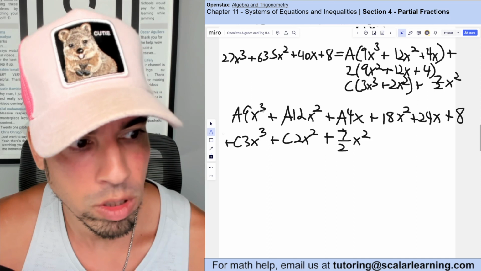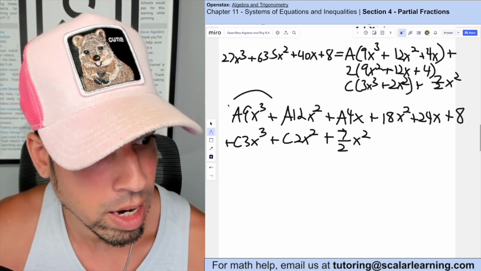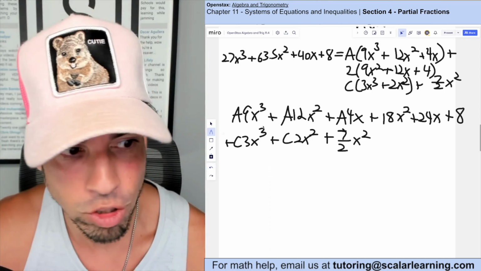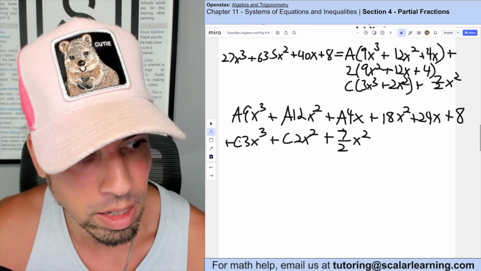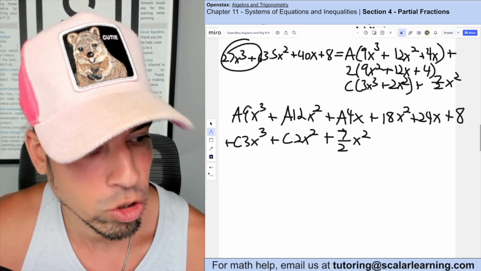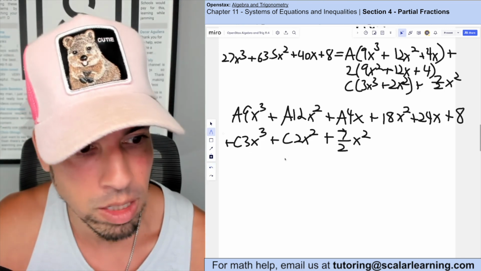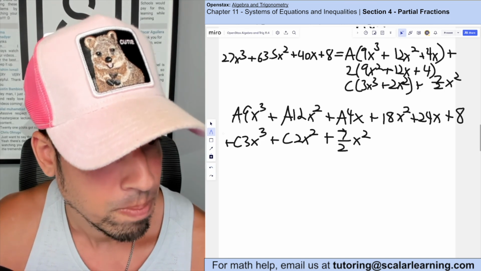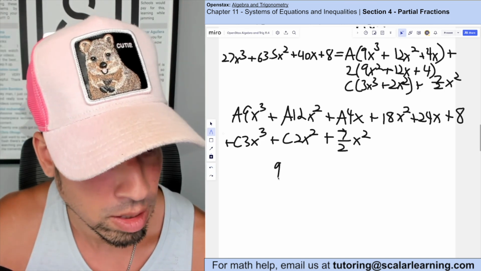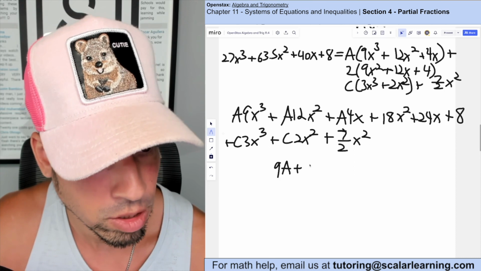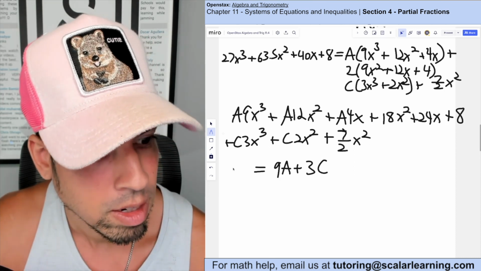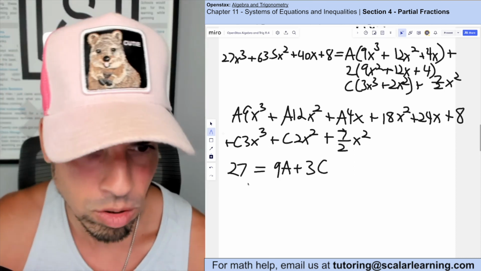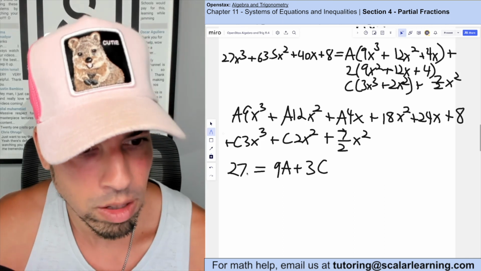Now what you'll notice that's interesting is I only have 2 terms with x cubed, right? I have 9a and c3. And then I have only 1 term with x cubed here. That's pretty interesting because that means that when I add these together, 9a plus 3c has to equal 27. Okay, that's cool. We're not totally there yet, but that's interesting.